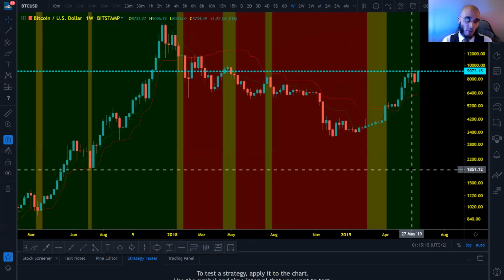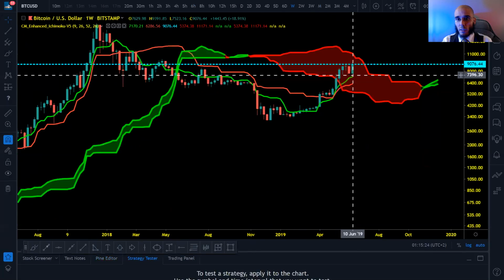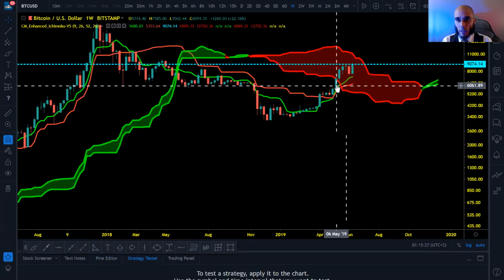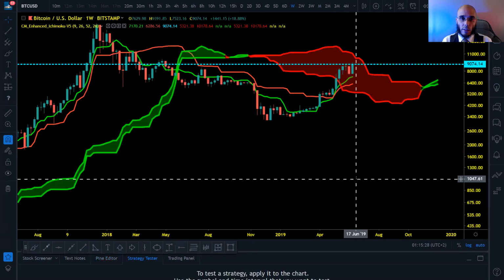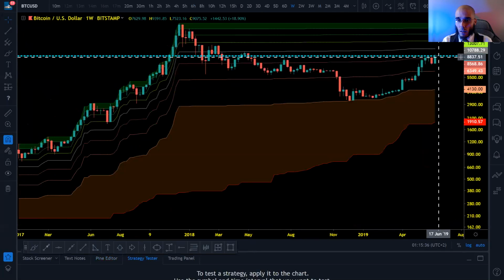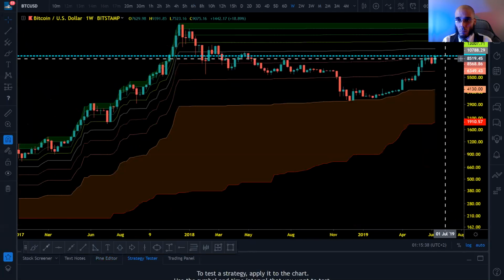Here we are all positive. Here we are positive because the green line is above the red line, but we are in the cloud, which is negative. We are above the middle line.